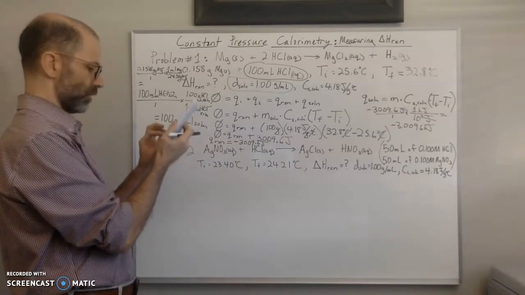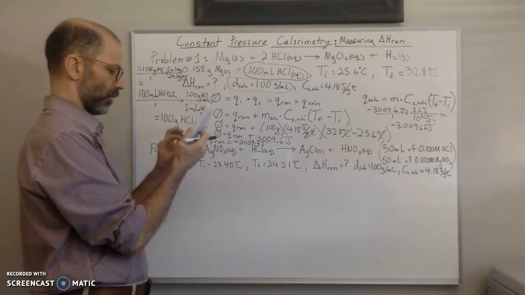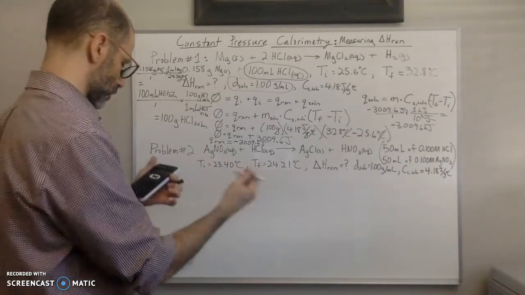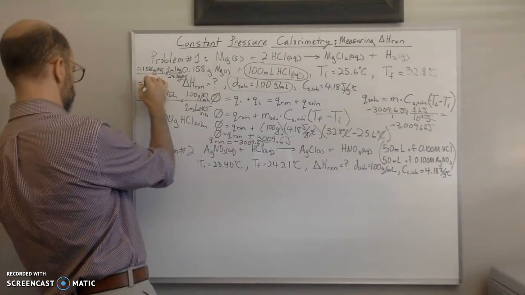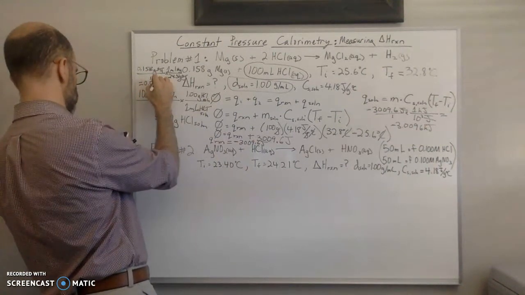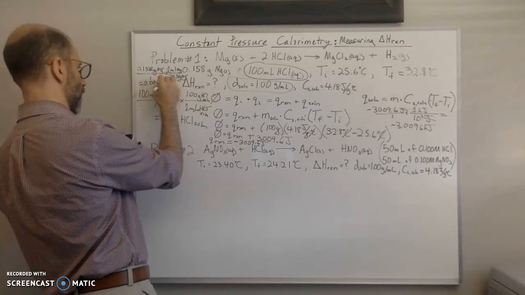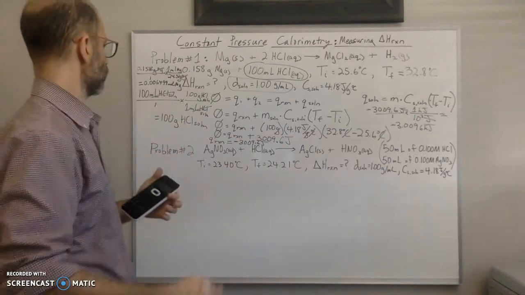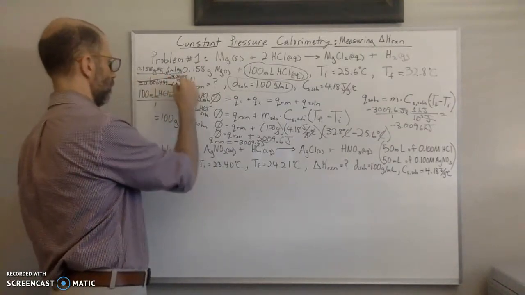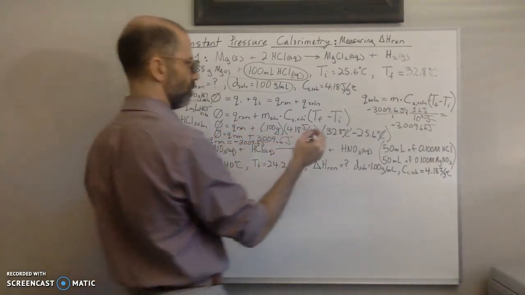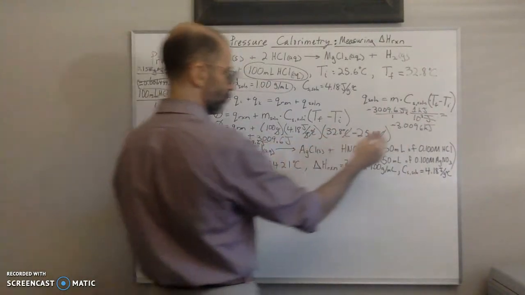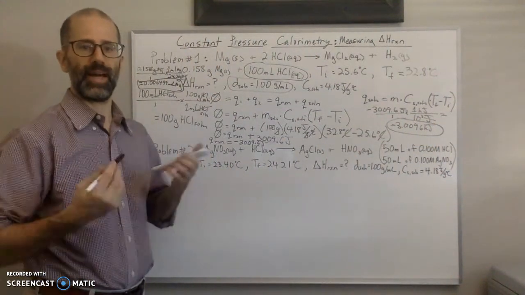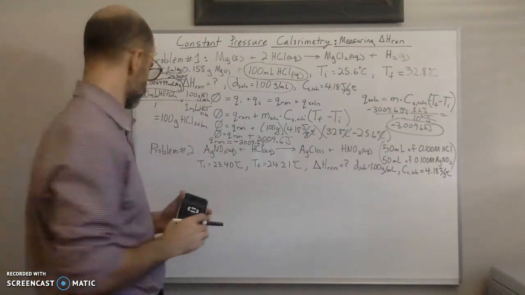So if I use my calculator, 0.158 divided by 24.31 equals, and that's going to be 0.006499 moles of magnesium. So now that I have the moles of magnesium and I have the total amount of kilojoules here, now I can do kilojoules divided by moles, and that's going to be the delta H of this reaction.